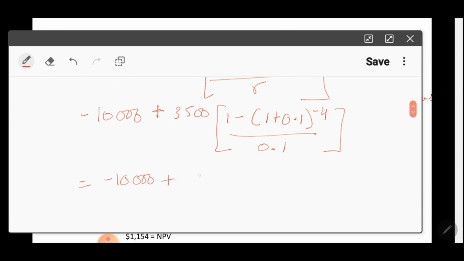Plus, if you solve this, your answer will once again come to the same amount.